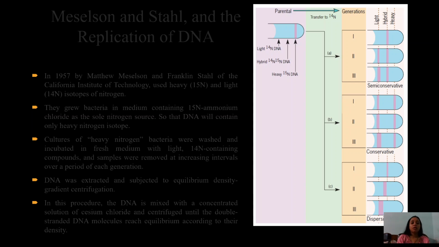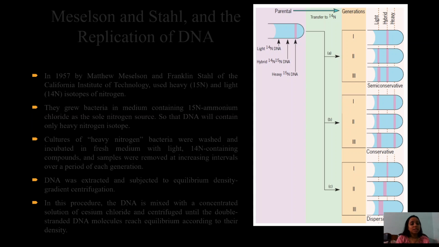They also took out samples in each generation and then found out the mode of DNA replication. It must be a little confusing by now how they found it out using this, but it will be clear in a few minutes.